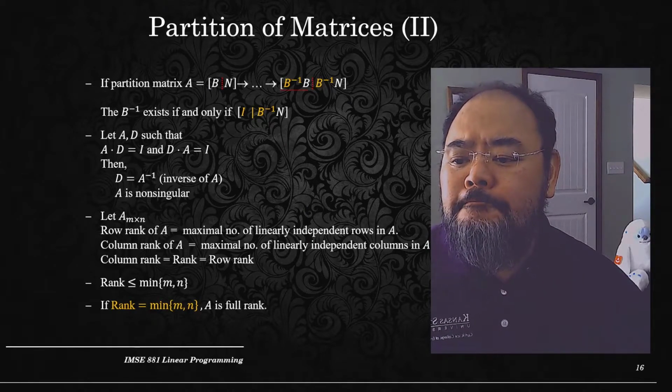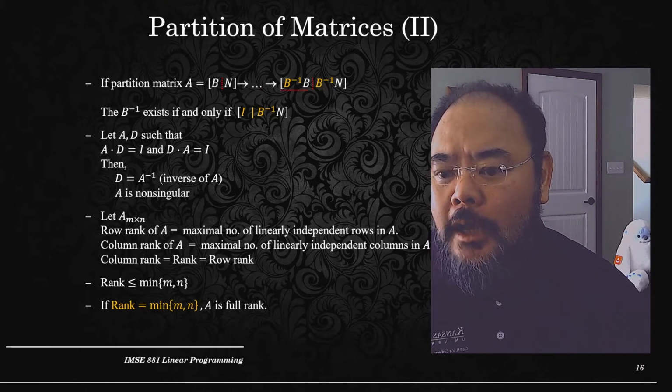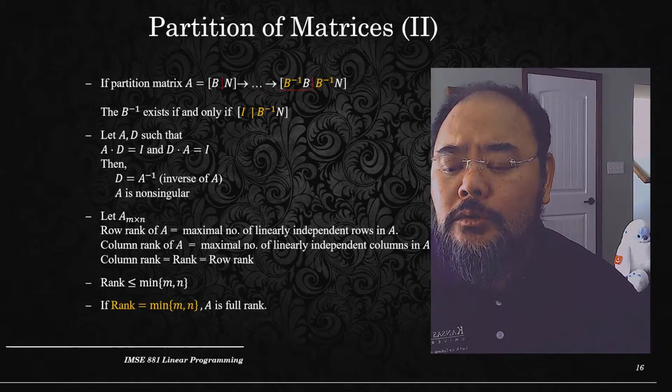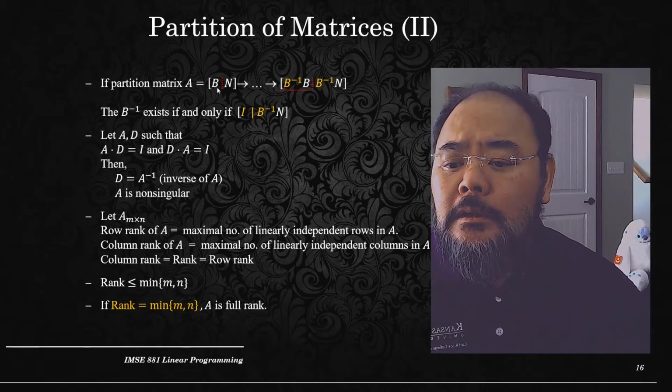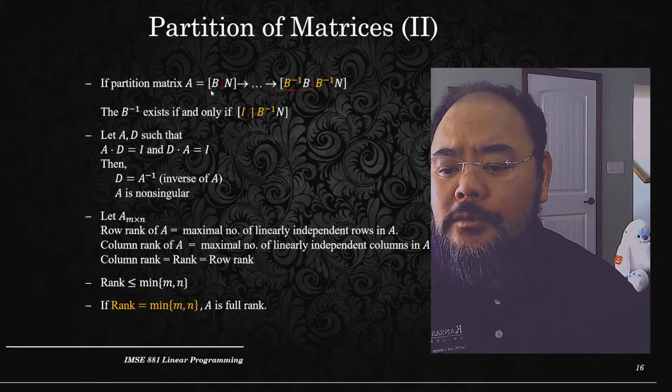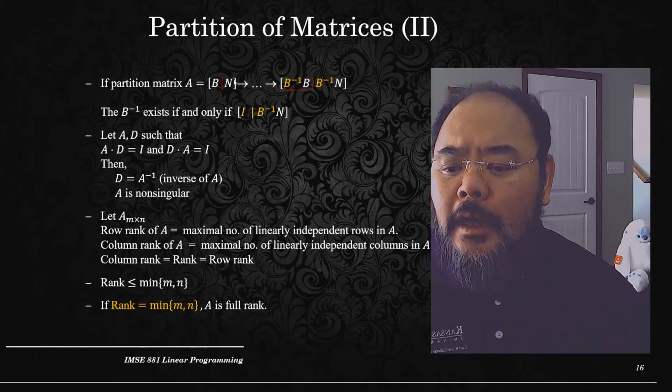Continuing on, if we partition an A matrix into two parts called B and N, it just happens that the B matrix is a square matrix and the N matrix may not be square.